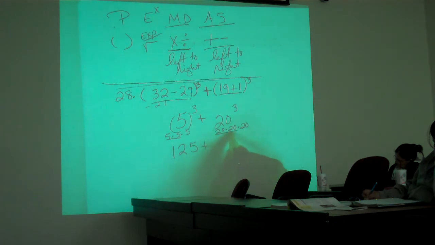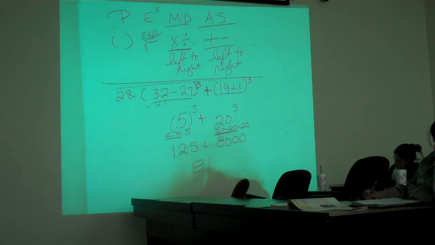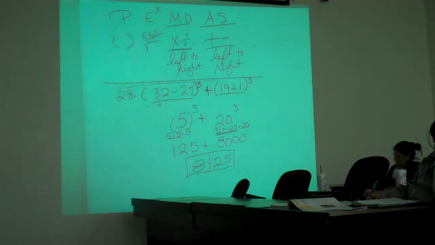So this part is not 40, it's 400, right? 400 times 20 is 8,000. So you have 8,000 plus 125. So it's 8,125. 8,125, right. So make sure and follow the order of operations when you're doing these.